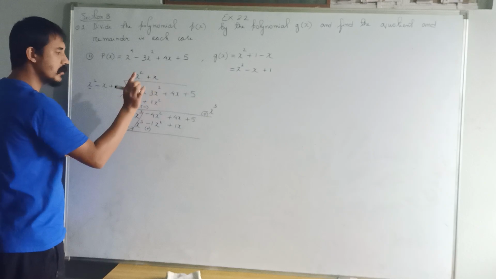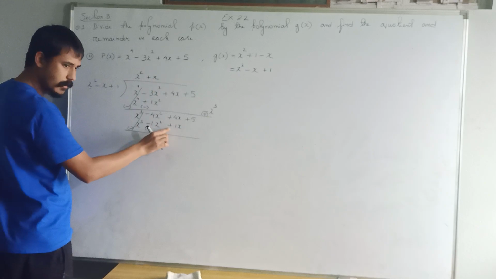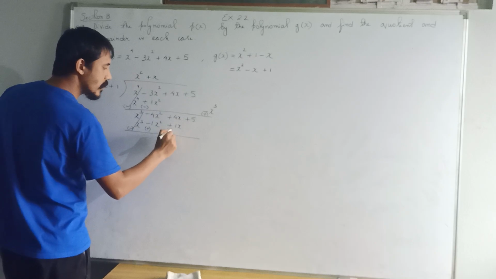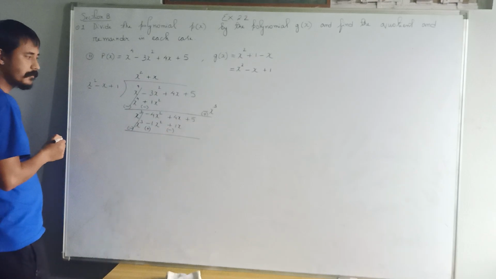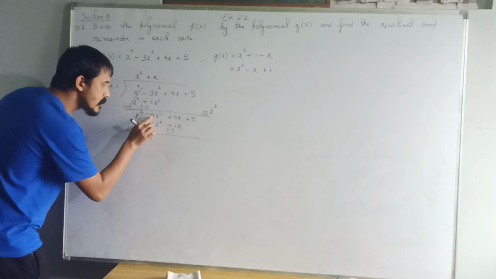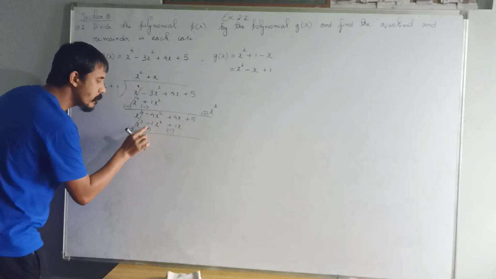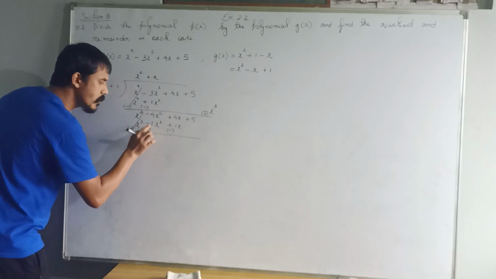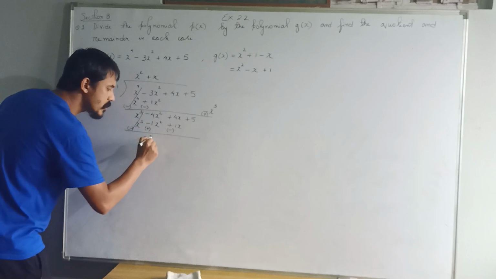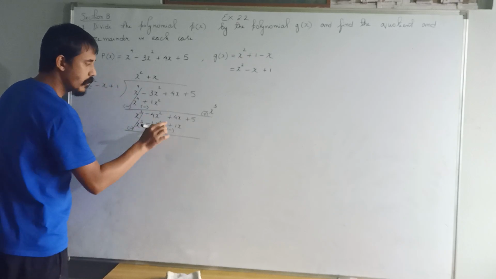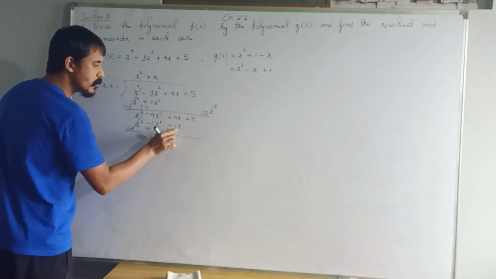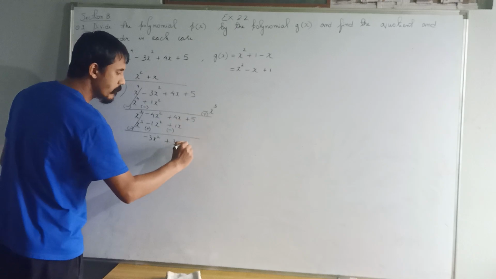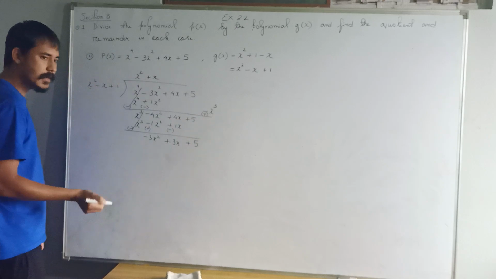Positive term times positive term gives you positive 1 here, right? As this is positive and we are subtracting, we need to change the sign of the second term. Minus 4 plus 1 gives you minus 3x squared. Plus 4 minus 1 gives you 3x, and then we have plus 5 as the constant term.